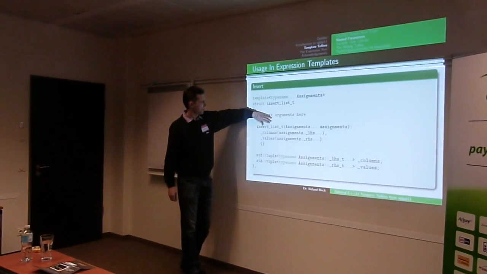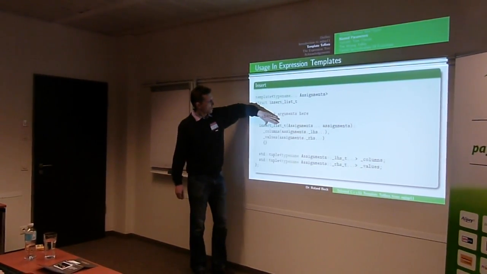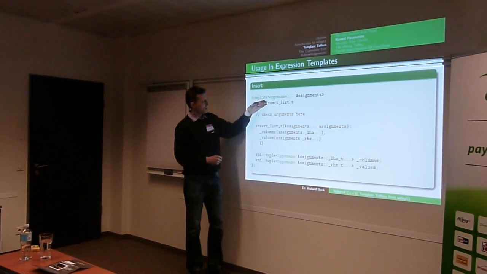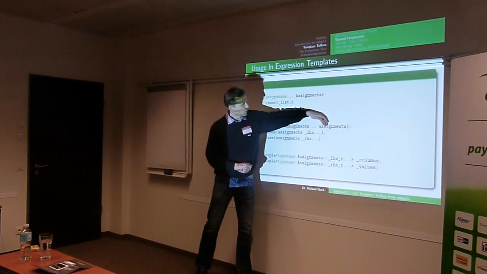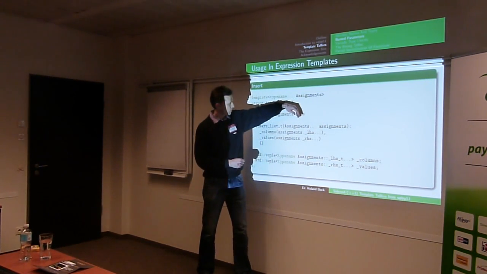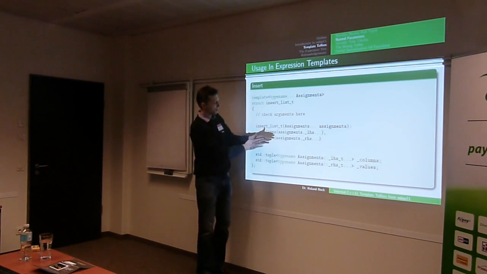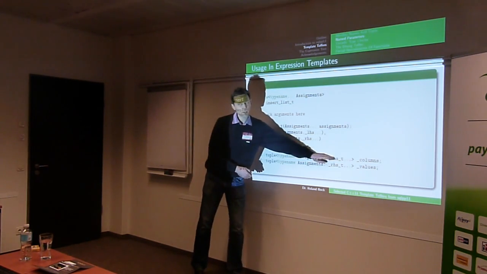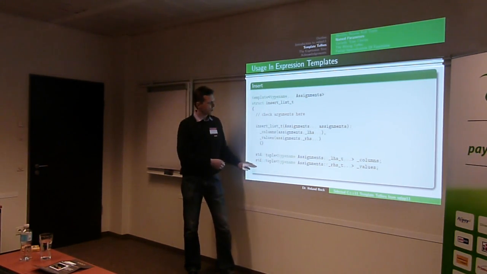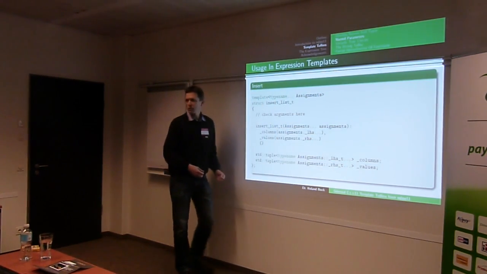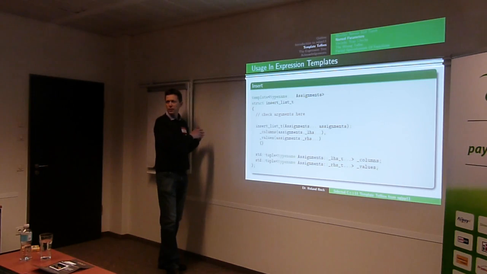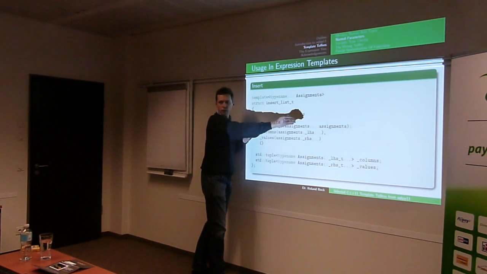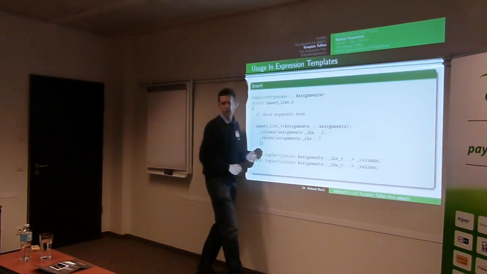This is the constructor, and this set method creates an insert list and takes all the assignments that you have in your argument list and splits them up into a tuple of the left-hand side arguments, which are all the columns, and the right-hand side arguments, which are all the values, so that it can later be serialized into insert into table name, and then the column names, and afterwards the values.